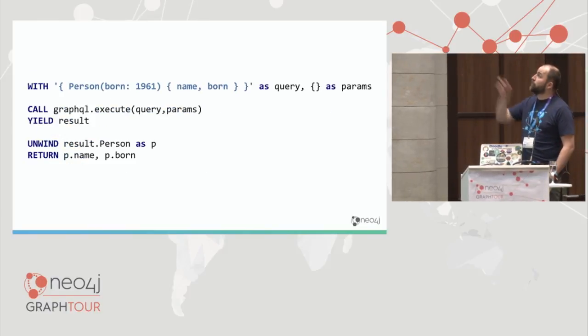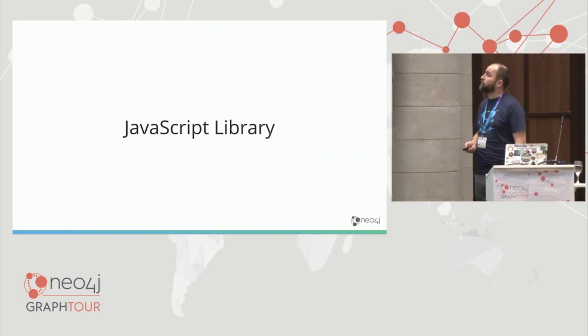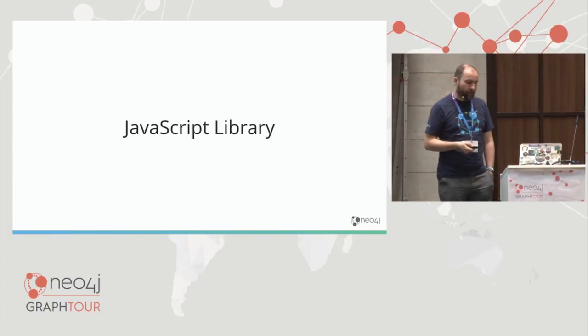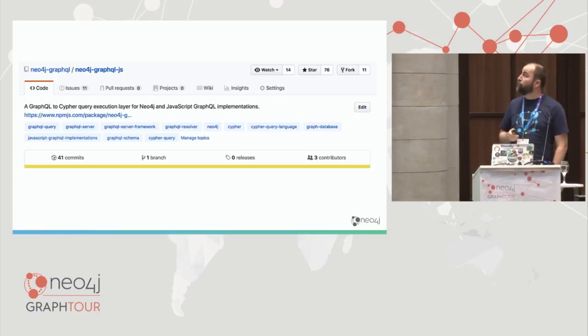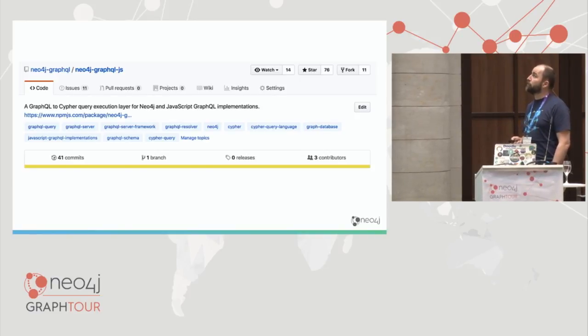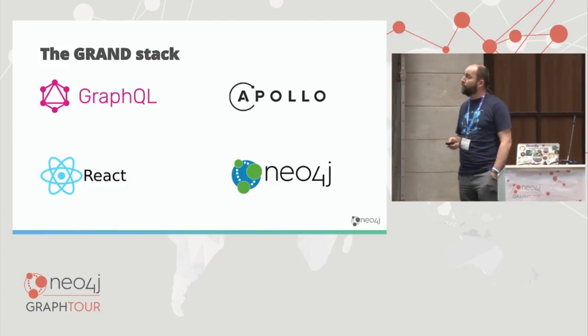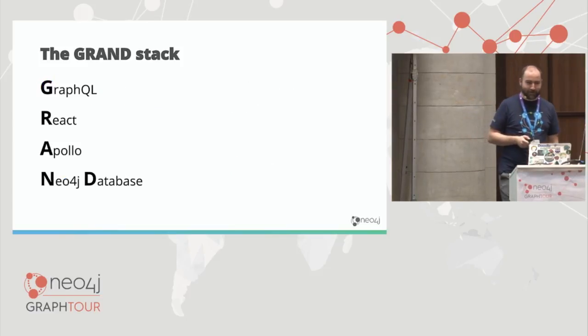So here we can just run a GraphQL query on top of the data, or you can use just the GraphQL endpoints as well. The JavaScript library is special because it doesn't just add this capability, but it's also the basis of a full stack that we defined using that. So Neo4j GraphQL.js is part of the GRAND stack. The GRAND stack stands for GraphQL, Apollo, React, and Neo4j database, right? Proper acronym.